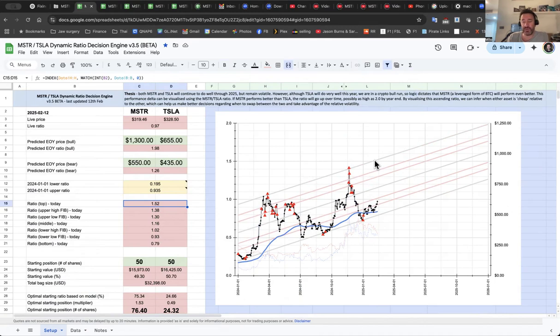So if for some reason the ratio shot up to 1.52, based on your predictions for the price targets, then we're at the top of the range and we can swap out. So you could use this as a way to trade as well, just looking at the chart and these numbers, figuring out where it's probably going to go based on where we've been before and what we think MicroStrategy and Tesla are going to do.